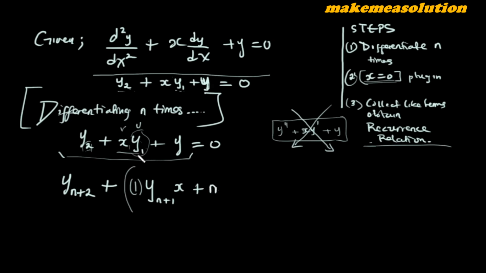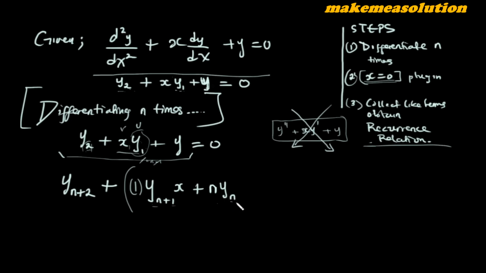Then you differentiate this particular one, reducing the order of differentiation. So in this place, it was n plus 1. If you differentiate it n minus 1 times, you will get yn, because 1 plus n minus 1 leaves you with n. So the way I'm going to be doing it is, I'm just reducing 1 from the powers like this. Is that okay?